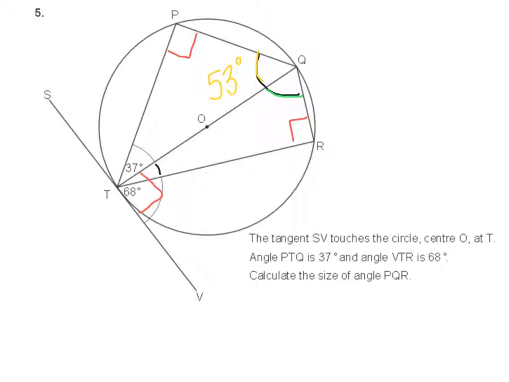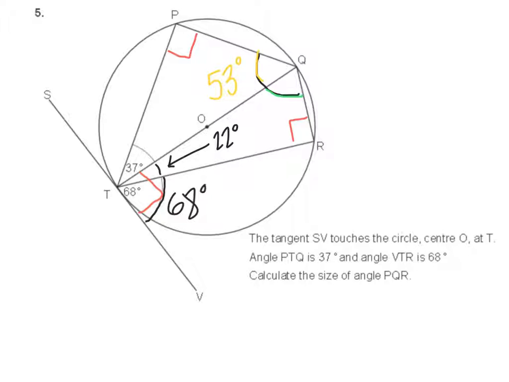What we do know, however, is that from here round to here is 68 degrees. And since we remember that the angle all the way around is a right angle, so this is 90 degrees, then the one that we're looking for, this one here, will simply be 90 take away 68. So that gives us this angle as 22 degrees.